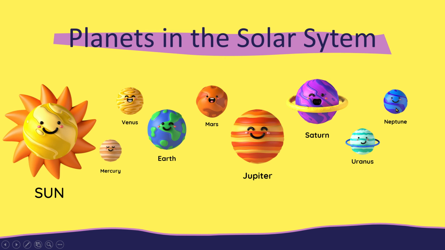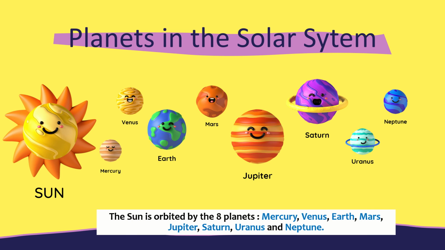So there are 8 planets in the solar system. The sun is orbited by the 8 planets: Mercury, Venus, Earth, Mars, Jupiter, Saturn, Uranus, and Neptune.